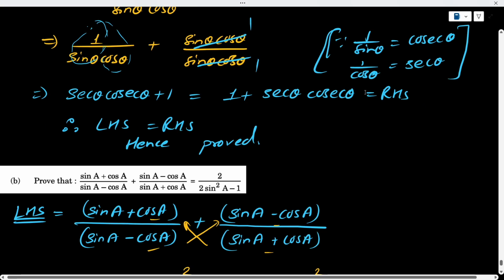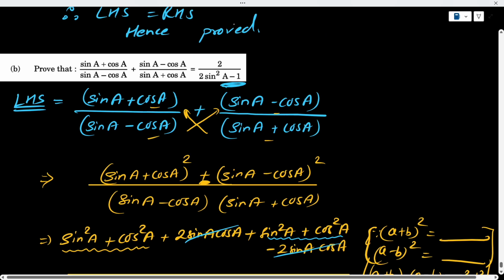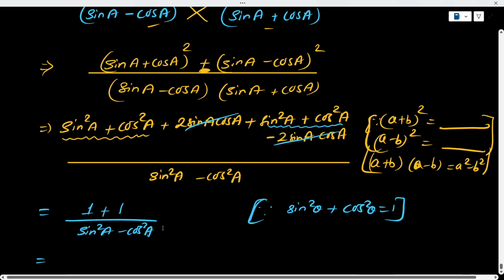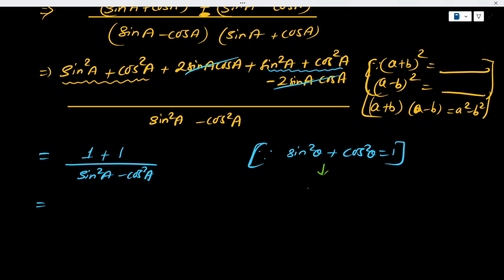Now look at your right hand side. There is no cos term in the denominator. Can you see any cos in the denominator? No. So in place of cos, I have to substitute sine from the same identity. What will it be? Cos square theta is 1 minus sine square theta, right?